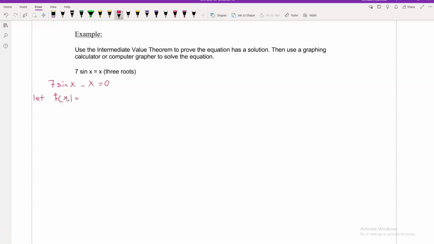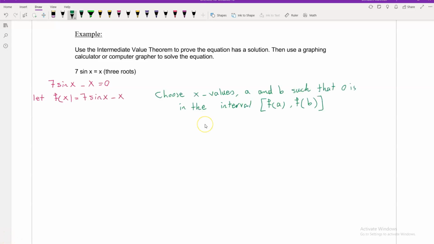Let f of x equal 7 sine x minus x. Now choose x values a and b such that 0 is in the interval f of a, f of b. So we can use x equal to negative pi and x equal to pi to prove that our equation has a solution based on the intermediate value theorem.